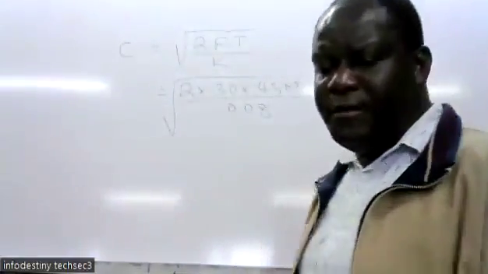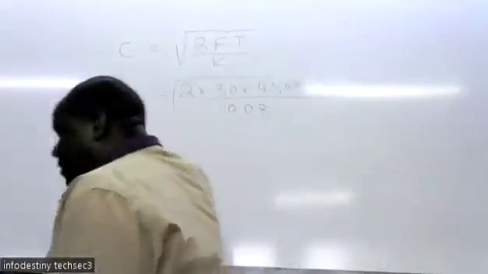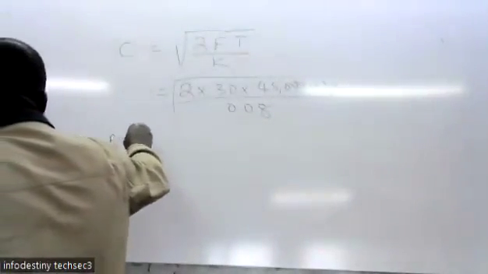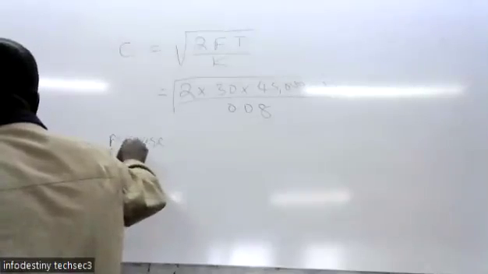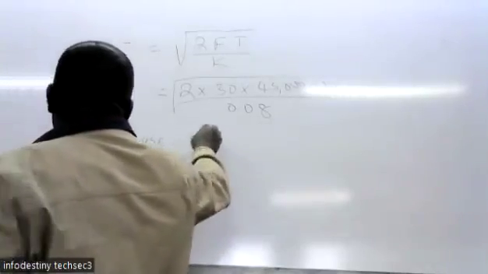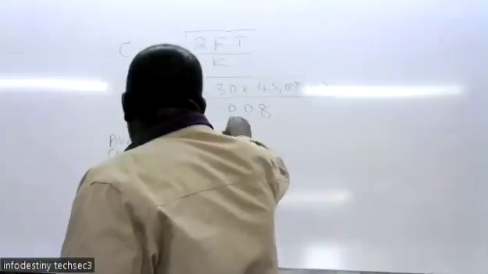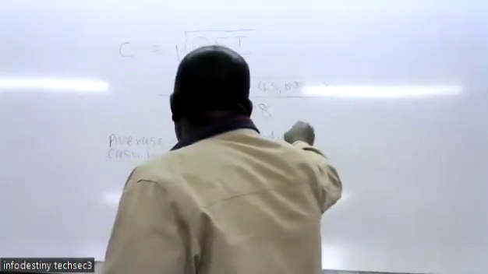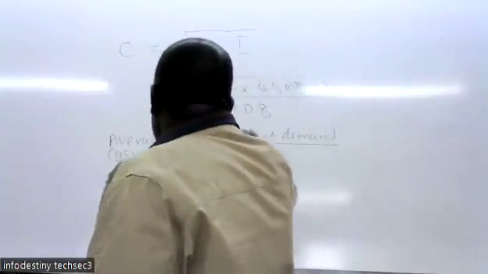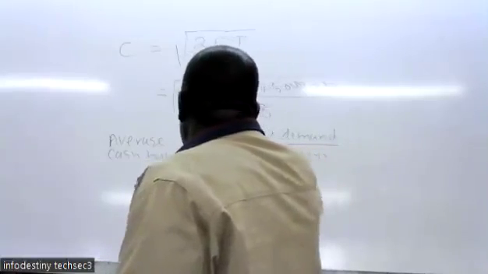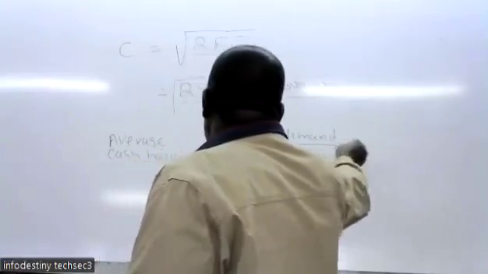The average cash balance is supposed to be given by annual demand divided by number of days in a year.